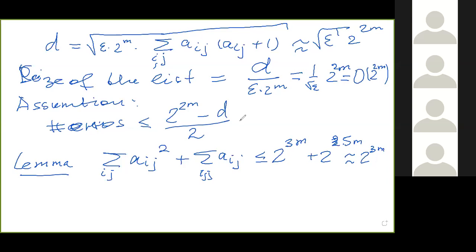And the number of errors is 2 to the m minus square root of 2 to the m over 2 to the 2m minus square root of epsilon times 2 to the m over 2.